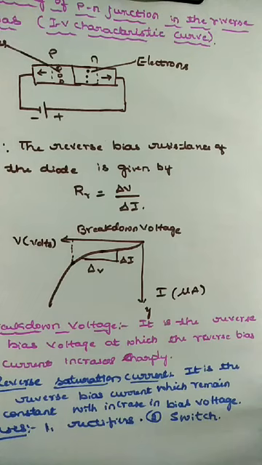The last concept is the application of the PN junction or semiconductor diode: first, it is used as a rectifier, and second, as a switch. Up to this point, forward bias and reverse bias are completed. In the next class we are going to discuss the process called rectification. Continuing in the next class.